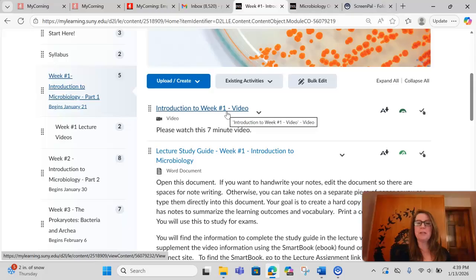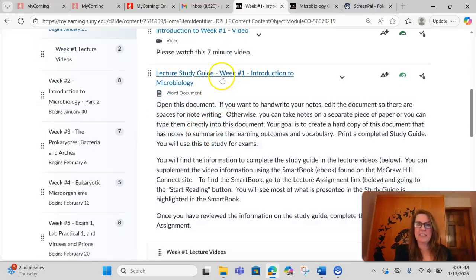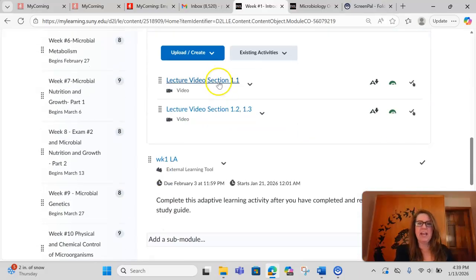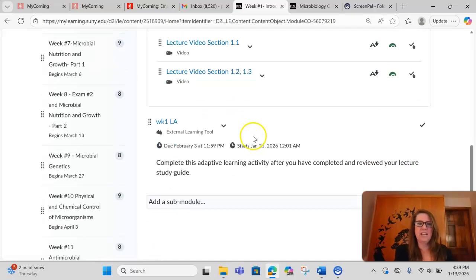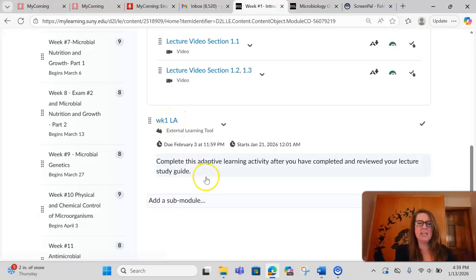I'm not sure that I'll do that, but essentially when you jump into the week, you're going to see a study guide for the material you'll be covering that week, as well as videos covering the most pertinent material. And then you'll have a lecture assignment. So when you see LA, that means lecture assignment. It is through the McGraw-Hill Connect software using the SmartBook, and essentially it helps teach and even reinforce material that you've covered in the lecture.